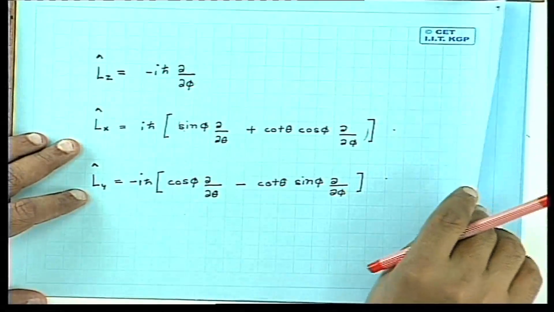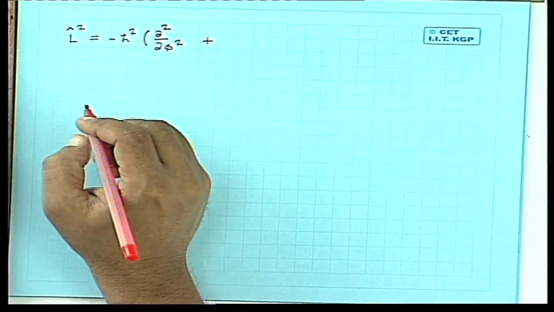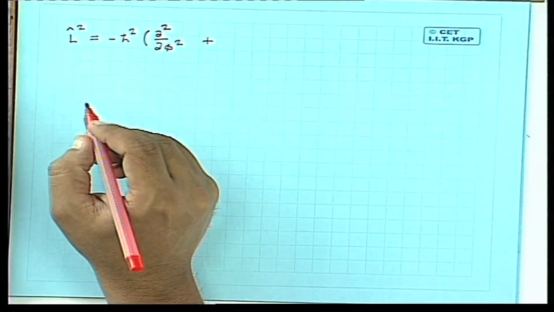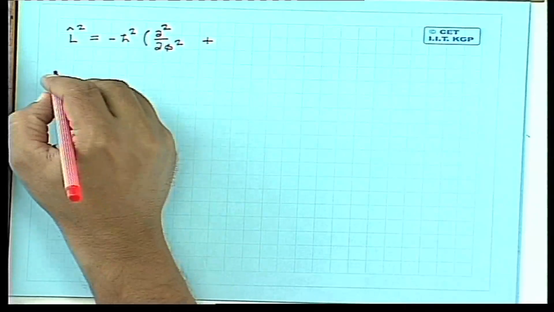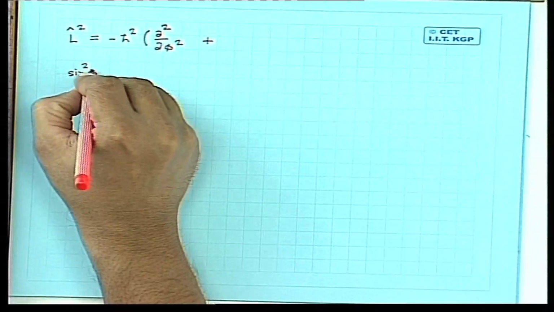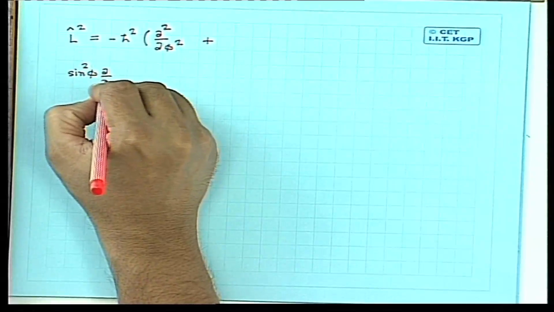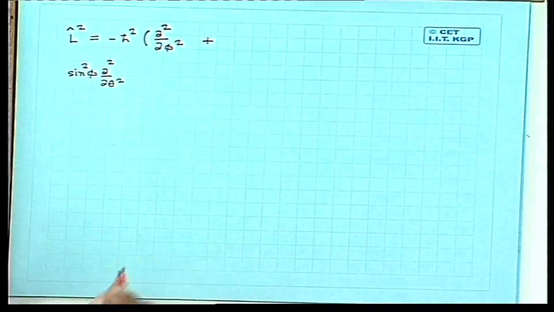Let me write down these four operators. The first term is sine squared phi del squared by del theta squared.